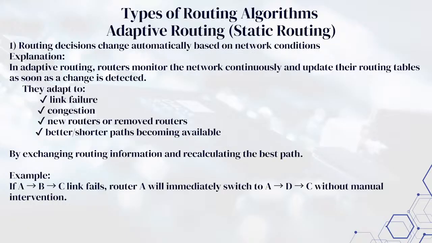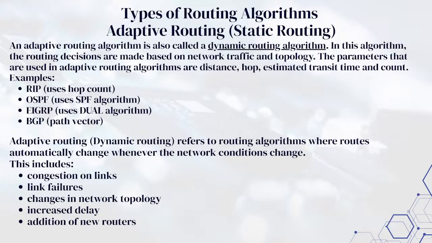This includes congestion on the links, link failure, changes in network topology, increased delay, and addition of new routers. These are the areas where the routes are recalculated.